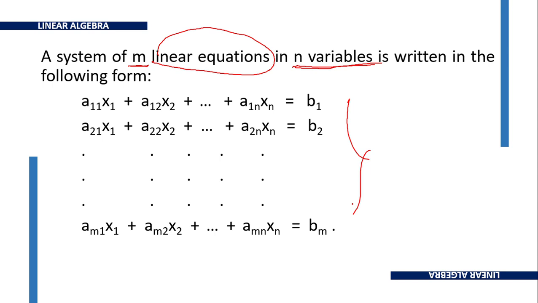And we have here the n variables. As you notice, we have a sub 1 1, a sub 2 1, up to a sub m 1. Then m is the column. M for column.